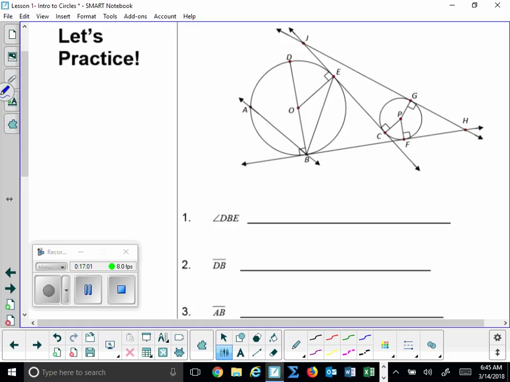It's kind of fun. Let's name DBE. Start at D, go down to B, come back up to E. That's an angle, and my vertex is on the circle, so it is an inscribed angle.